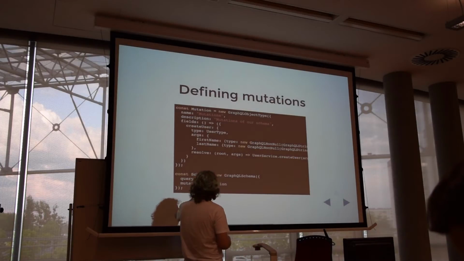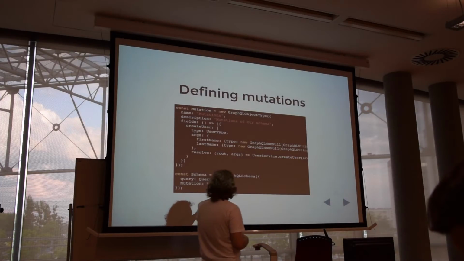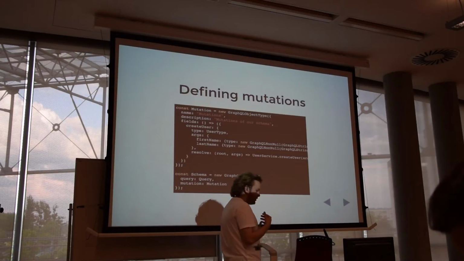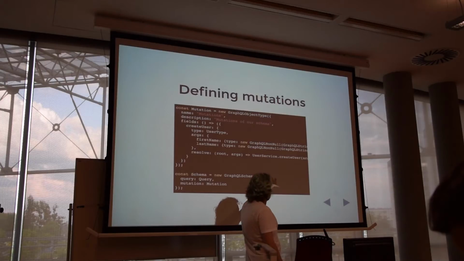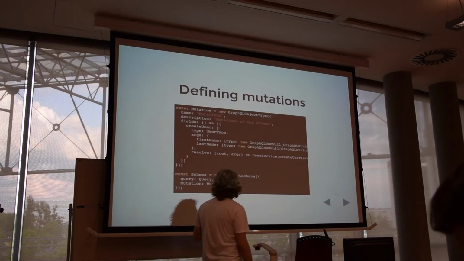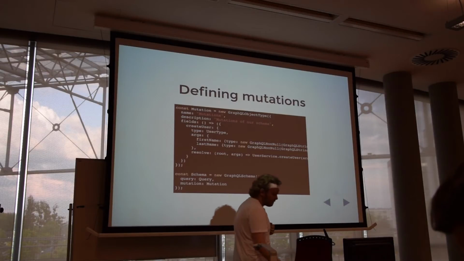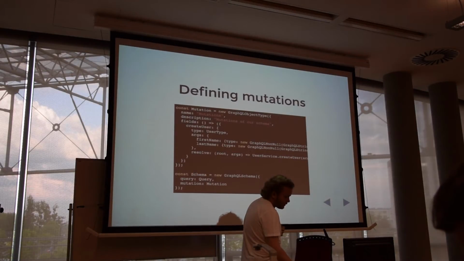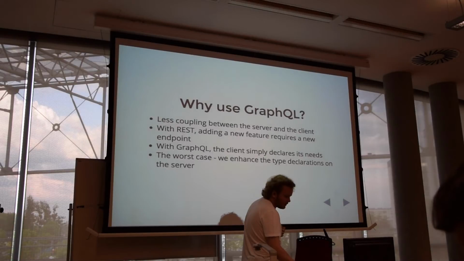Then after I pass those arguments in the resolve function, which actually realizes that mutation, I use, in this case, the create user method on the user service class, and I pass these arguments that I received in this mutation.